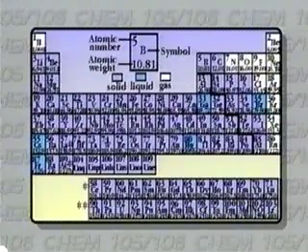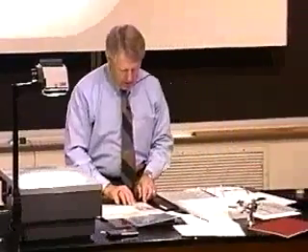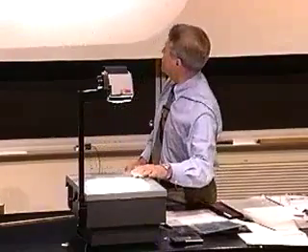Now, it would be certainly fun to learn all 109 elements and symbols, and quite a feat to do so. However, for practical purposes, we only need to work with about 30 some of the elements and their symbols. And so let's take a look at those. And those will be found in Table 1.1 in your textbook.